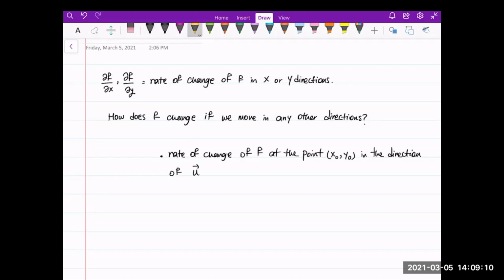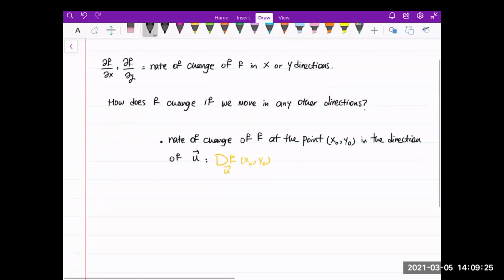We show it by this: directional derivative of f in the direction of the vector u at the point x naught, y naught.